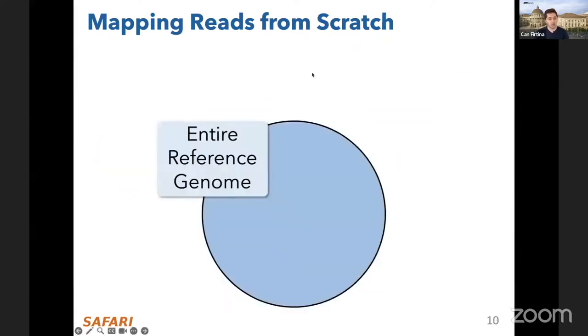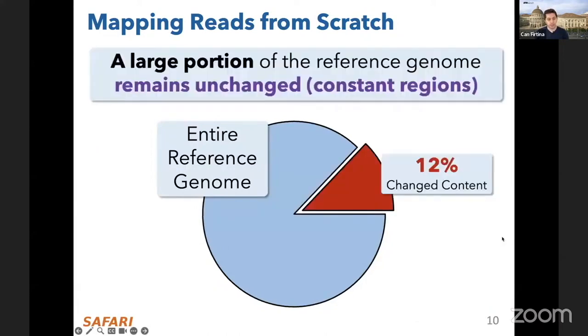So you can assume that this is the entire reference genome. However, when we're updating the reference genomes, and moving from the old to the new reference genome, what we see is that usually only 12% of the new reference genome is different from the old reference genome, or vice versa.